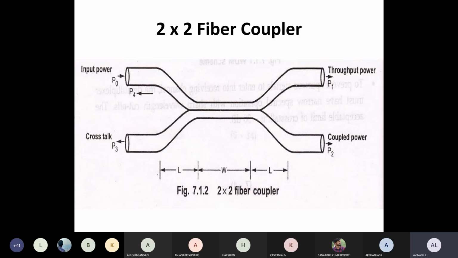First you take this particular diagram. In the next class, we will discuss the explanation of the 2 cross 2 fiber coupler and further things.